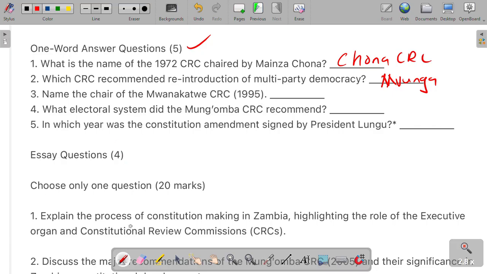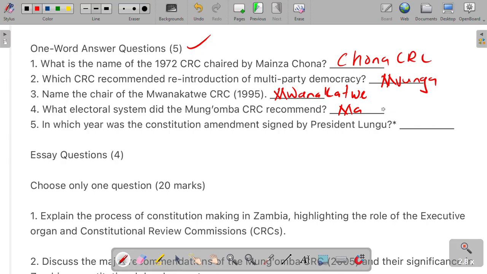What's our correct answer? Our correct answer is Mwanakatwe. Continue. Question 4. What electoral system did the Mungomba CRC recommend? Our correct answer here is majoritarian.